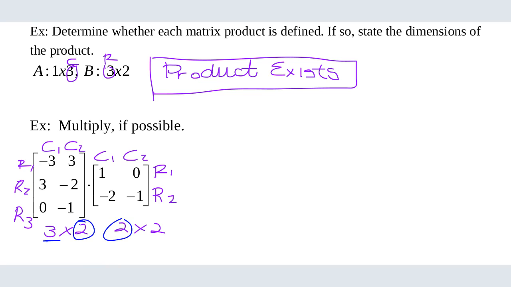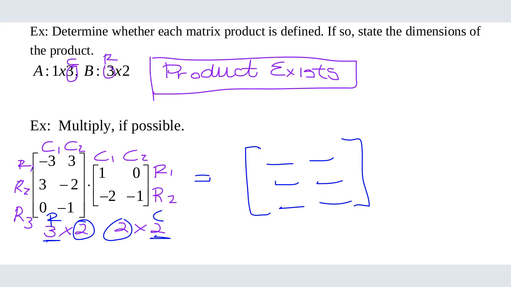So a little trick I learned is that the number on the outside represents the number of rows in the answer. Number on the outside represents the columns in the answer. So you can make a 3-row by 2 columns with blank spaces, and then you can just fill it in. So now this is where the fun begins.